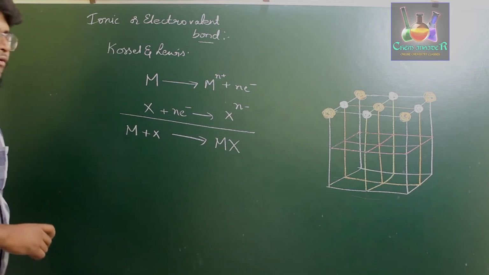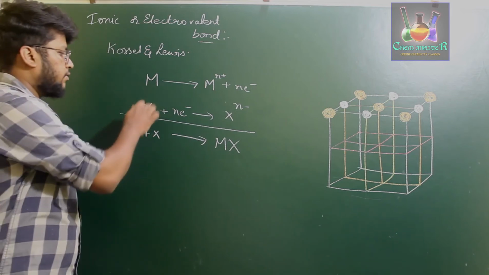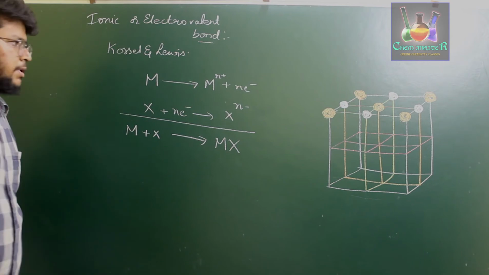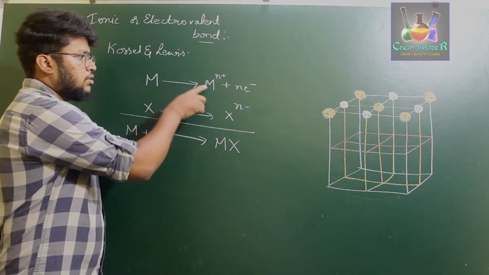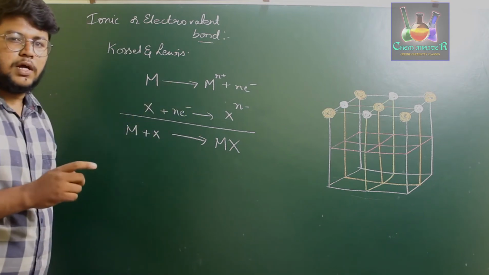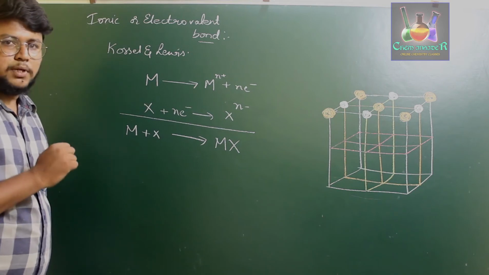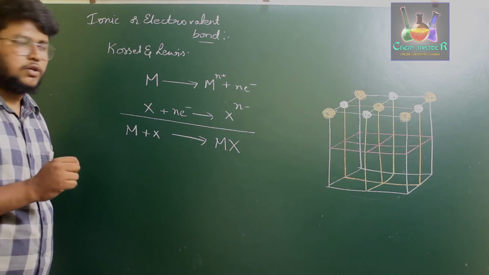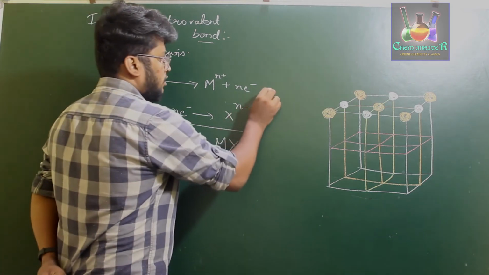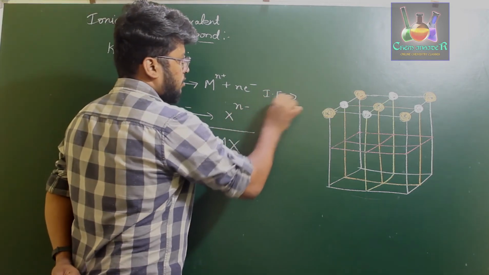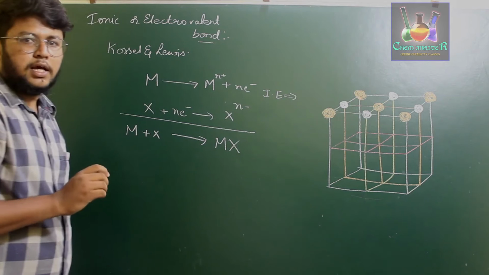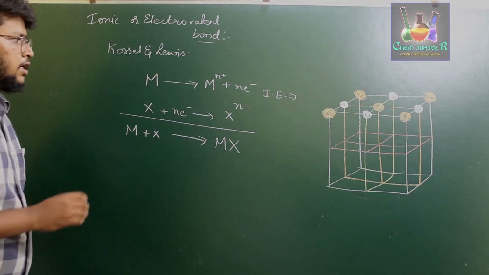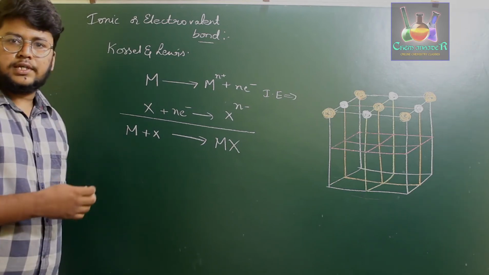So here, if we observe the half reactions of these two elements, the metal has to lose an electron, something which we have read earlier in the previous chapter. If a metal has to lose an electron, it is nothing but the ionization enthalpy which comes into play. If a metal has a very low ionization enthalpy, it can lose an electron easily.